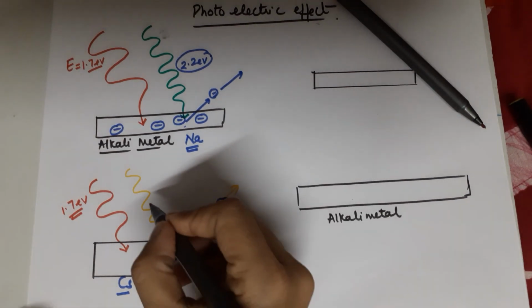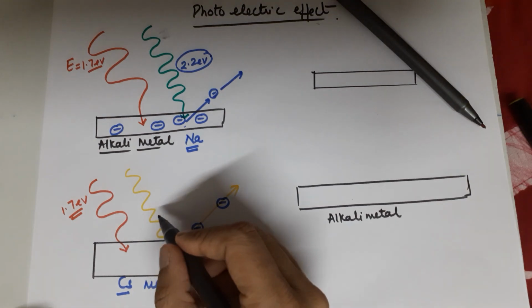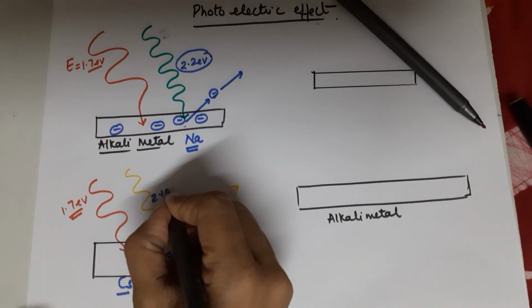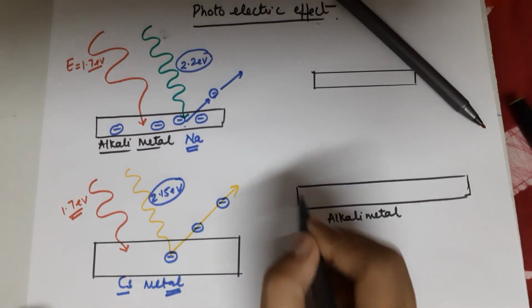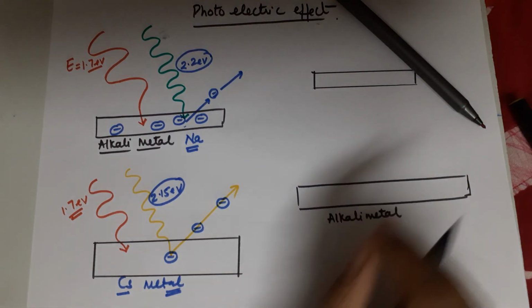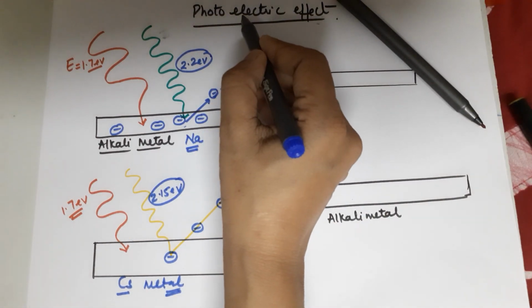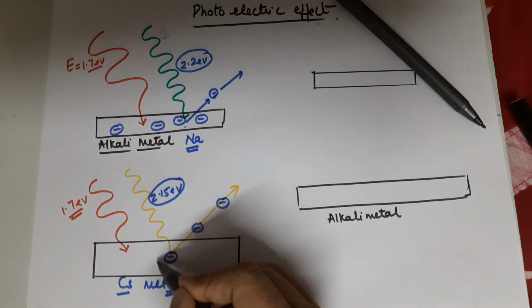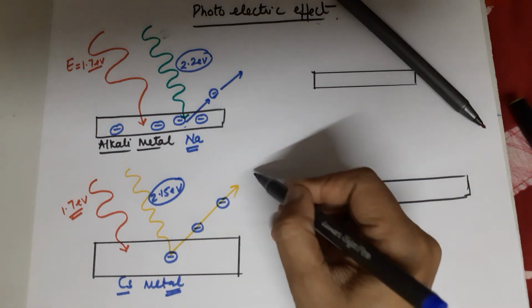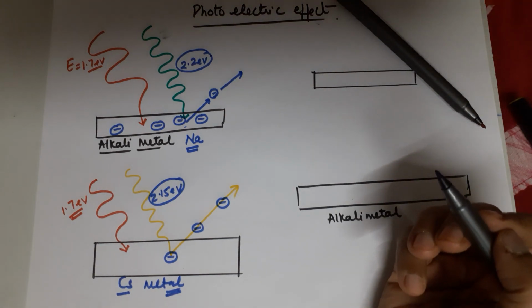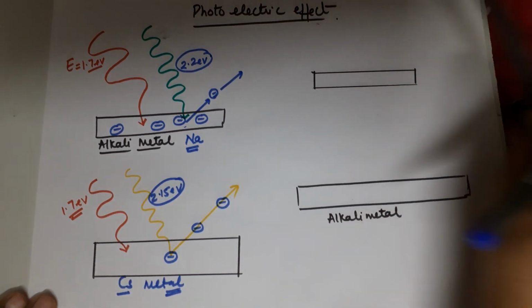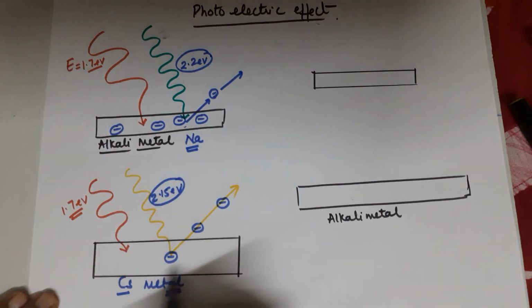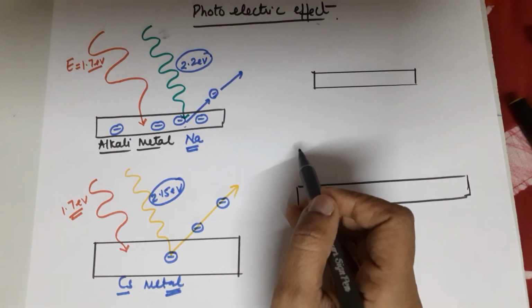So when we talk about cesium, the yellow light has 2.15 electron volt, and for cesium it was okay. So when would photoelectric effect happen? If the energy of the photon is enough to break the electron away from the nucleus and cause it to move. Fine. So you have understood that the alkali metals easily show photoelectric effect.